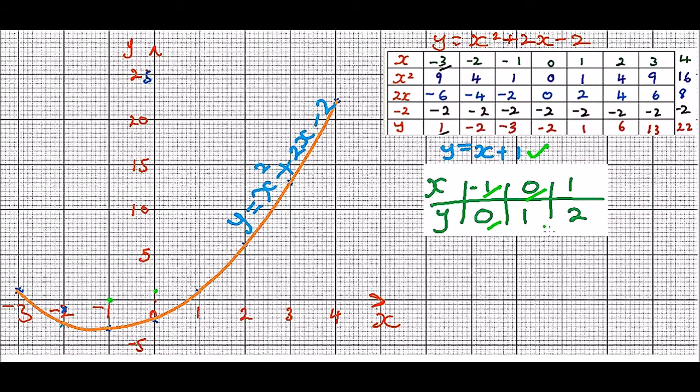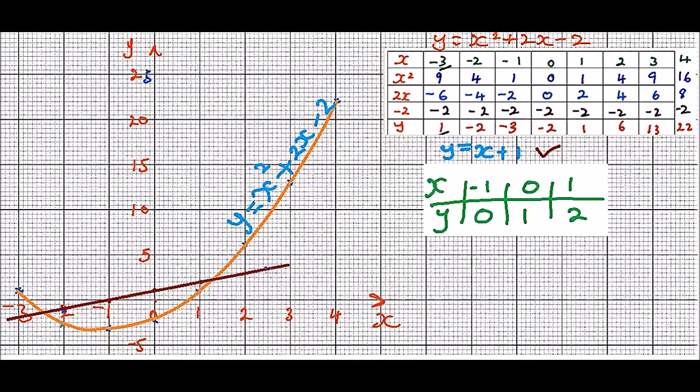When x is 1, y is 2. So that is where we have our point. With these 3 points, we will be able to draw a straight line by joining them to come up with the linear graph. We label it y is equal to x plus 1.